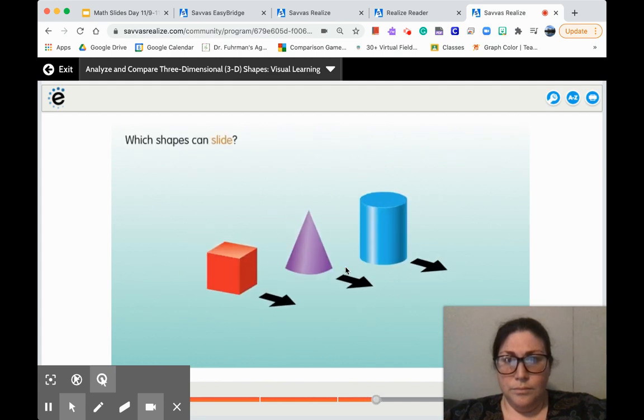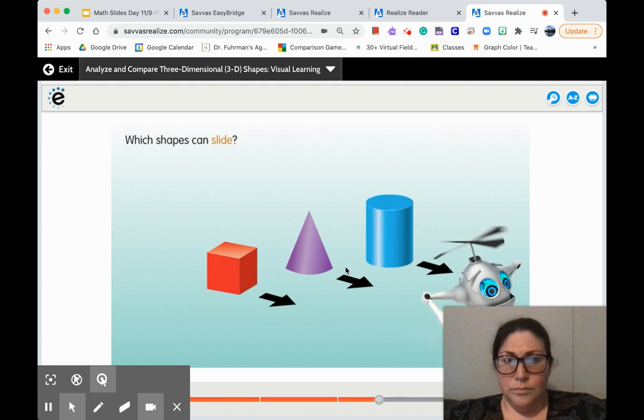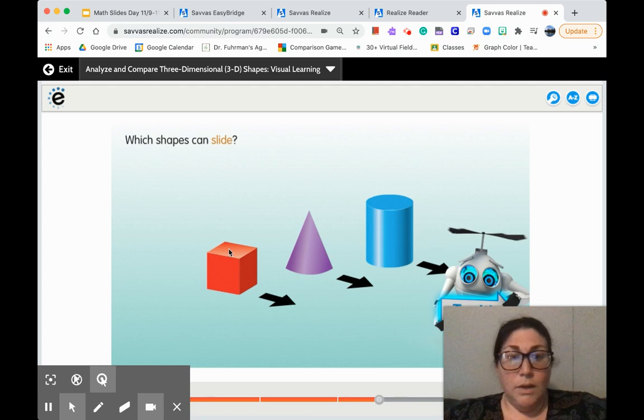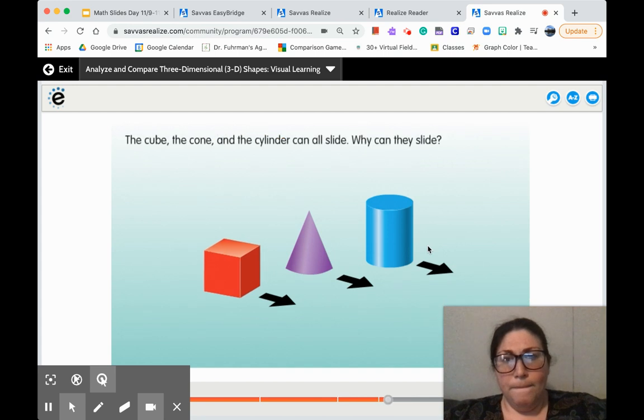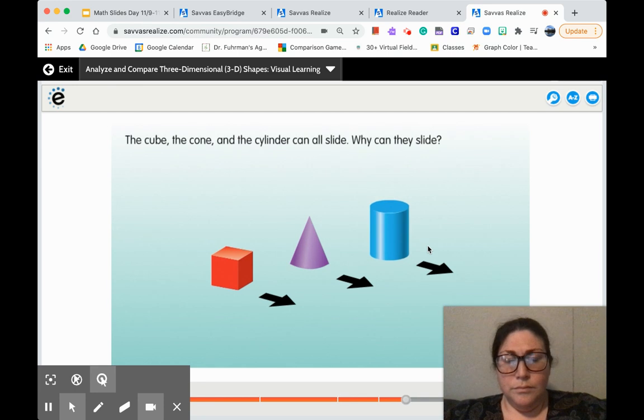Which shapes can slide? Notice these three shapes. Do you think all three of these could slide? The cube, the cone, and the cylinder can all slide. Why can they slide? They can slide because they each have a flat side.